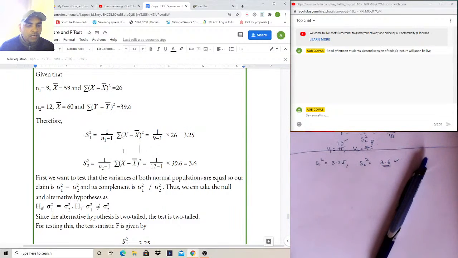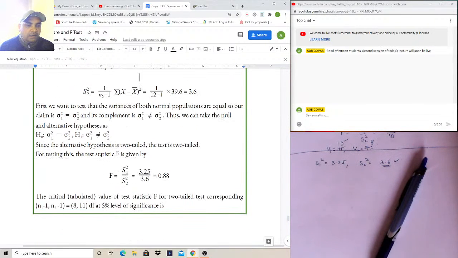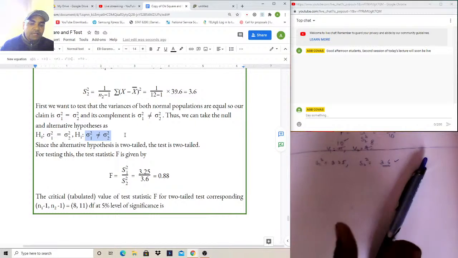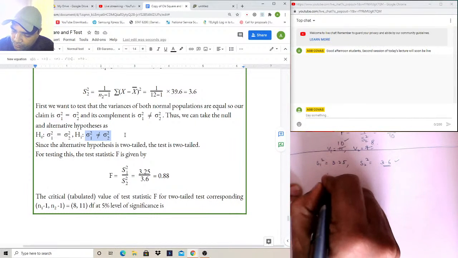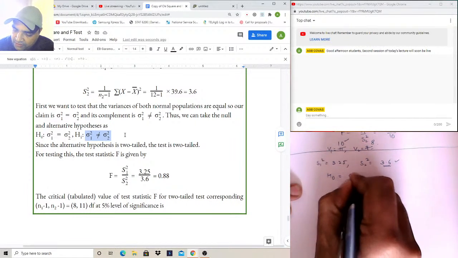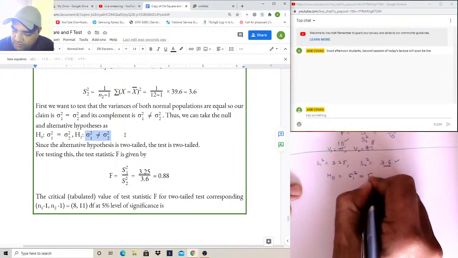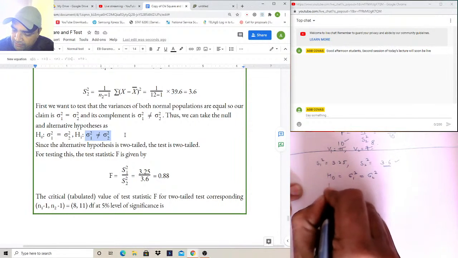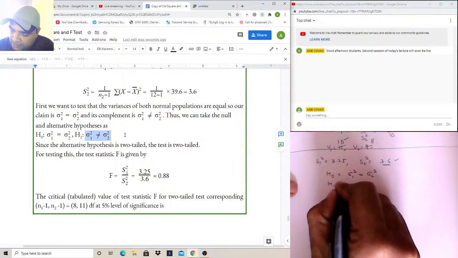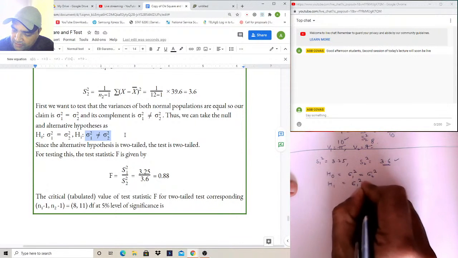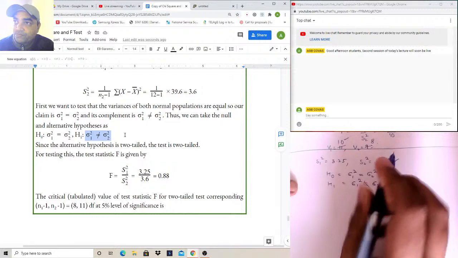Now we will set up the null hypothesis. So what will be our null hypothesis? That sigma 1 square is equal to sigma 2 square, whereas our alternative hypothesis will be sigma 1 square is not equal to sigma 2 square. That is, H naught is sigma 1 square equal to sigma 2 square and H1 is sigma 1 square not equal to sigma 2 square.